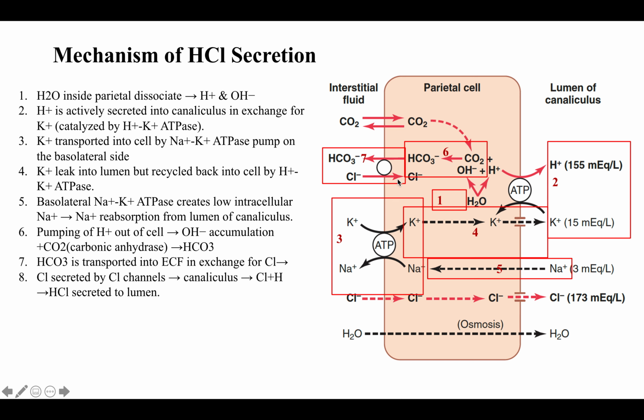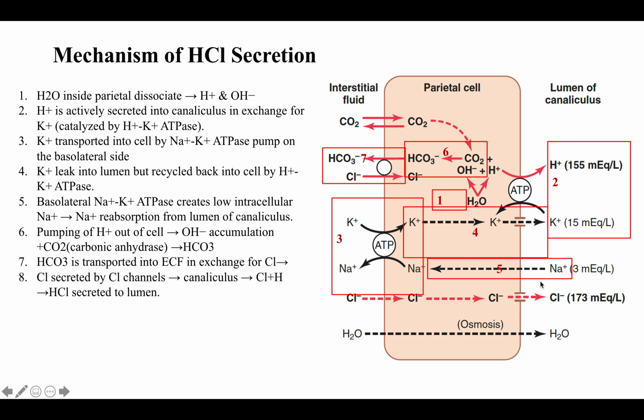Now this chloride actually will leak into the lumen. Chloride will leak into the lumen by diffusion. So we have chloride here, we have hydrogen ion here that interact with each other forming HCl, hydrochloric acid. And this is how the HCl is formed inside the lumen of the stomach.